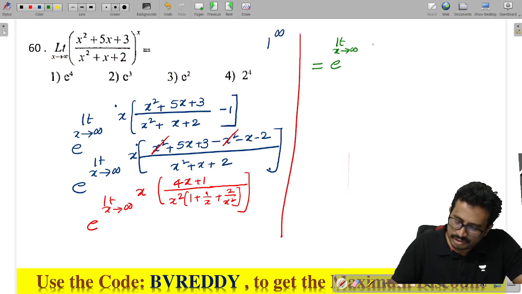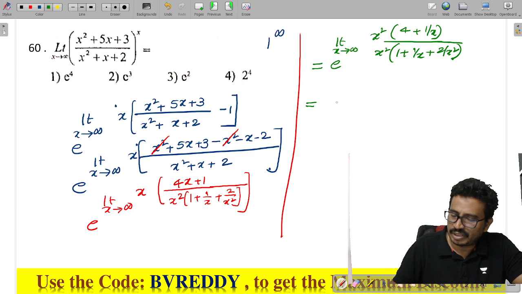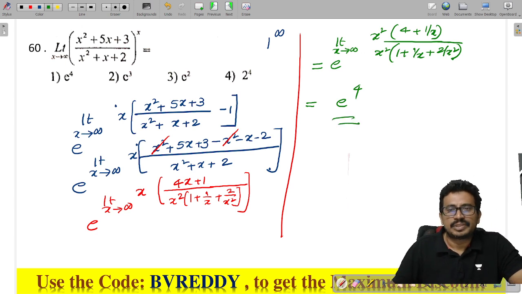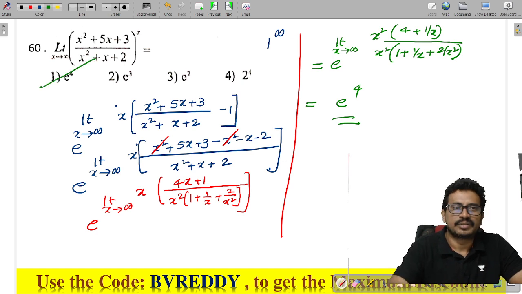In the numerator also x square common, then it becomes x square into 4 plus 1 by x, by x square in the denominator, 1 plus 1 by x plus 2 by x square. x square will get cancelled, so what are we left with, tell me, 1 by x is 0. It is e power 4 that will be left out. So that is the answer, e power 4, option 1.